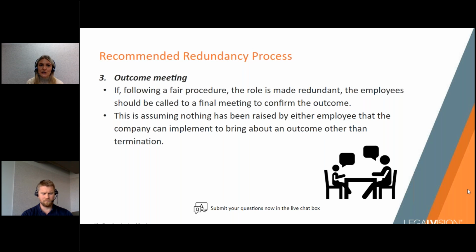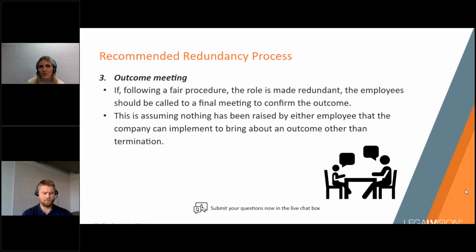It's also an opportunity for them to put forward any suggestions as to how they could avoid the redundancy of their role. Typically, suggestions might be things like taking reduced work hours on a temporary or permanent basis, considering job share arrangements, or even just taking some accrued leave to ride out any downturn in the business, depending on the relevant circumstances.